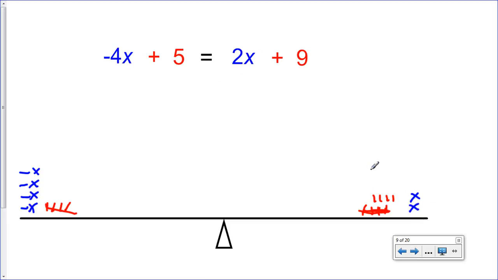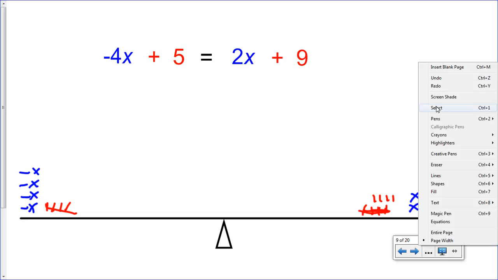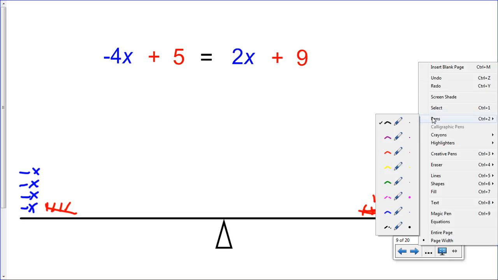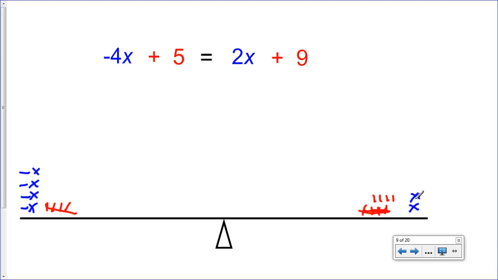Another example. Here, we want to eliminate these two positive x's with negative x's. And I'll do it over here too. Okay, so what have we done? We've added 2 negative x's to cancel the positive x's, but we have to do it on both sides of the equation.